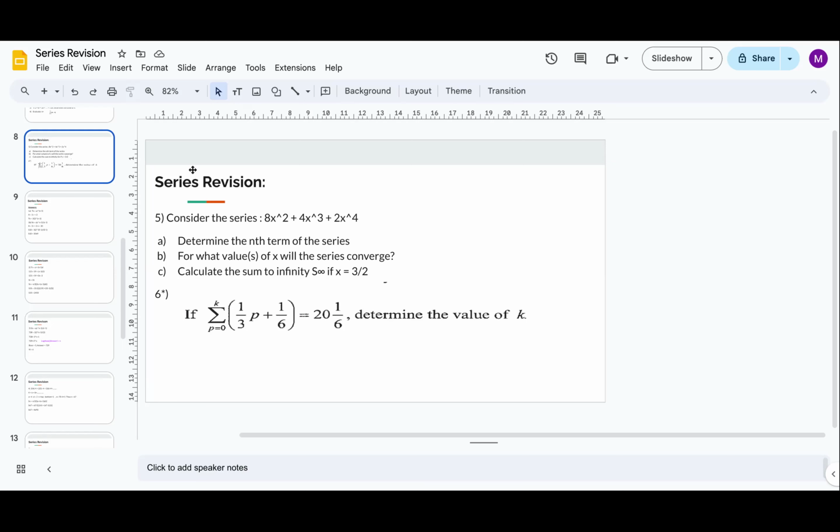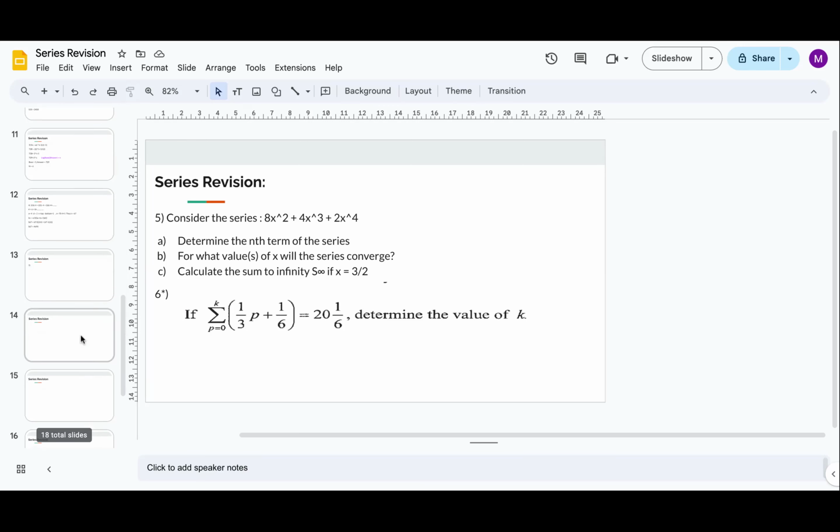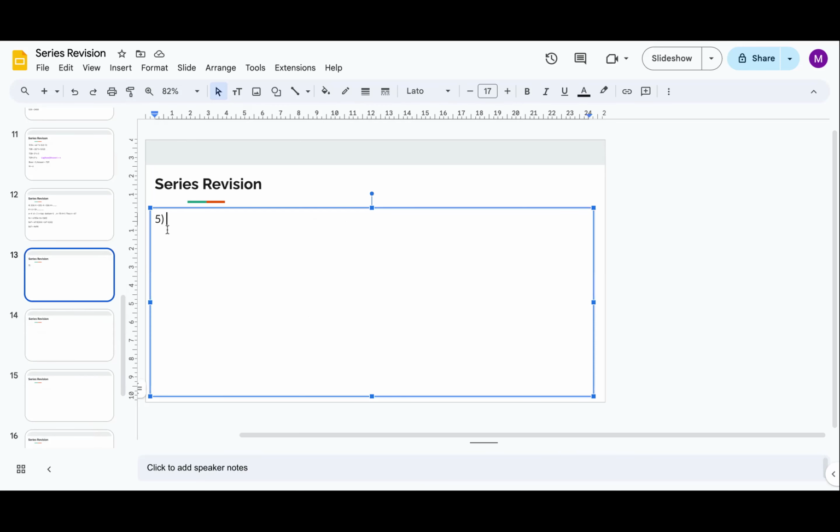So our r value is 1 over 2 times x, or just x over 2. Okay, so my a is equal to 8x squared, which they gave me, and r is equal to x over 2.